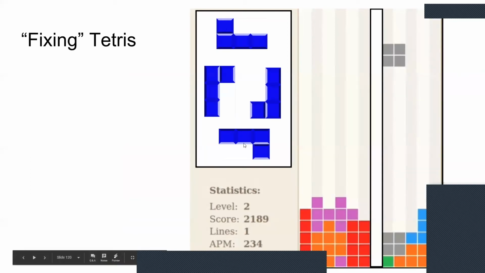And it would give you all the rotations of the next objects coming on the screen. It's set up to be more of a game, but if you wanted to fix Tetris, there would be ways to take some of the cognitive work off of the person using the display.